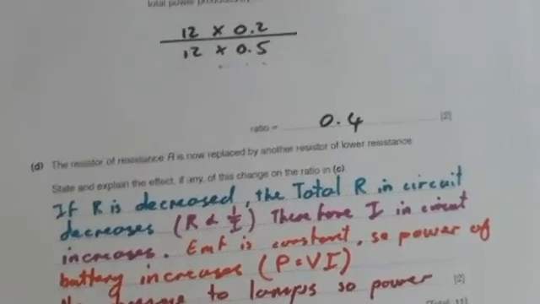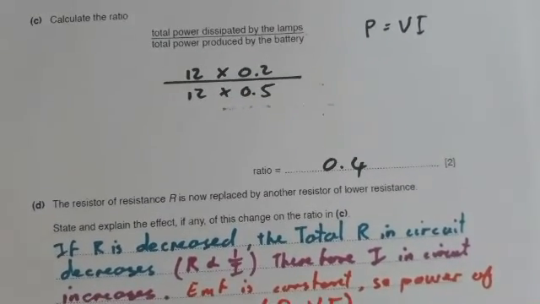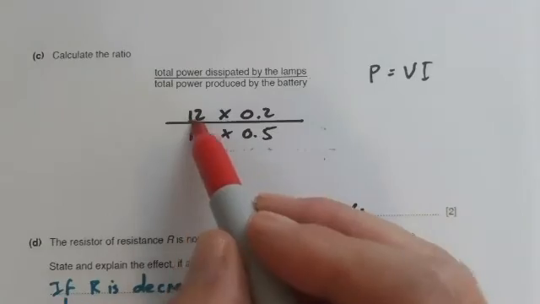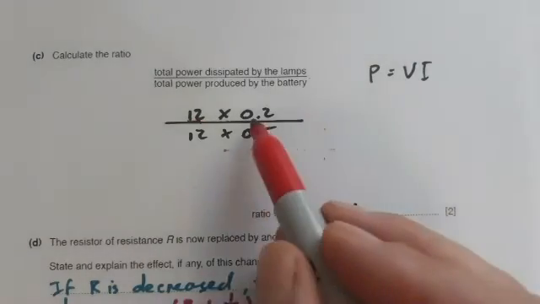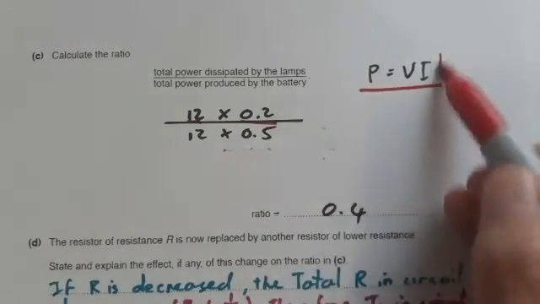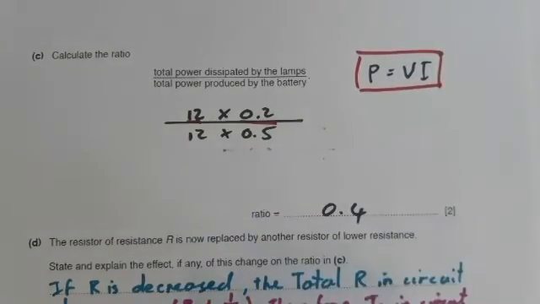Again, calculate the ratio of total power dissipated by the lamps and total power dissipated by the battery. Well, total power, that's in one branch, so it's 12 volts. The current in there is 0.2. So I'm using my formula again, P equals VI.